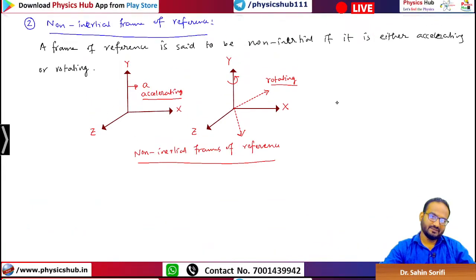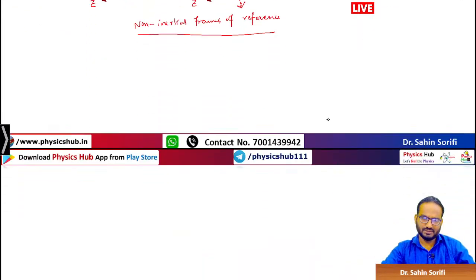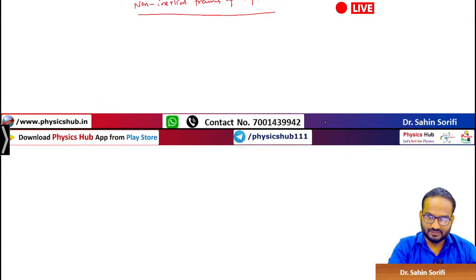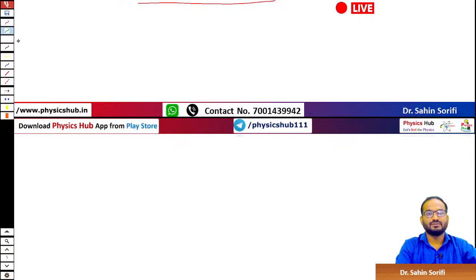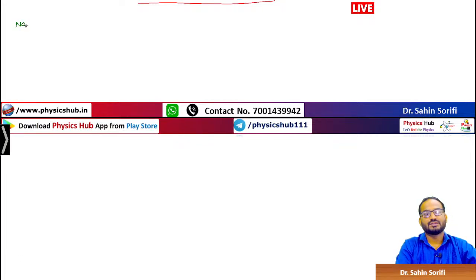These non-inertial frames are not taken into consideration in the discussion of the special theory of relativity. We have told you that we need at least 2 reference frames to define an inertial reference, and that we will talk about.